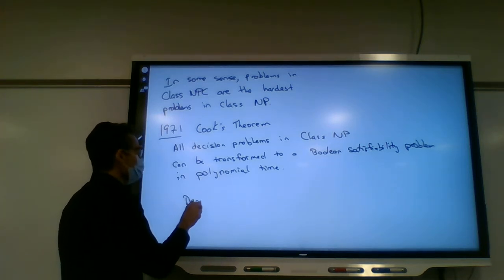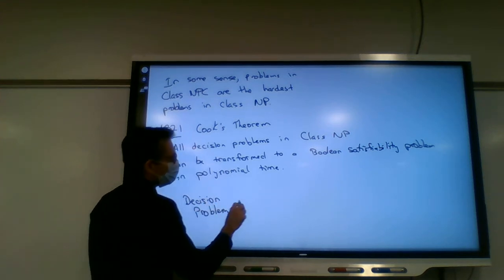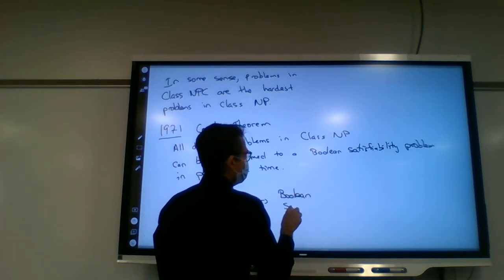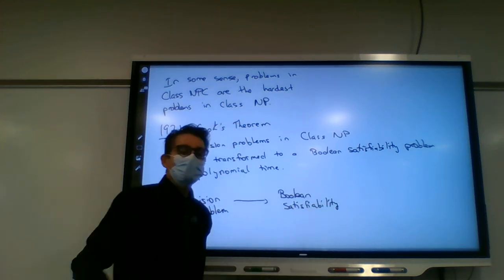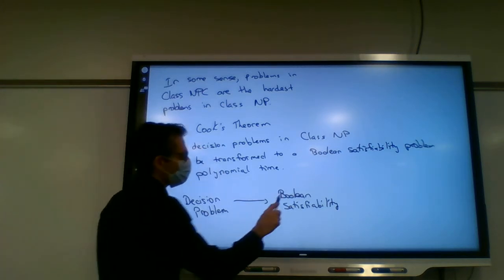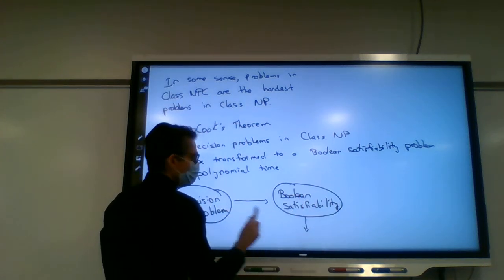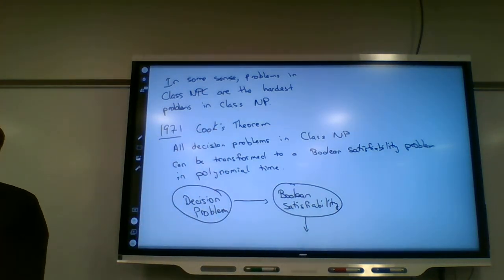That means you take your decision problem, and by some careful thought, you can turn it into a question about whether or not you can create true values out of this particular Boolean expression. If you could solve this problem, you will either get a yes or a no answer that then goes back to the solution for the original. It's a yes or a no for the original problem.